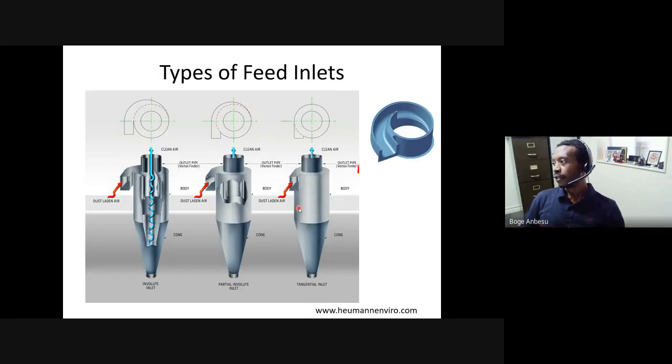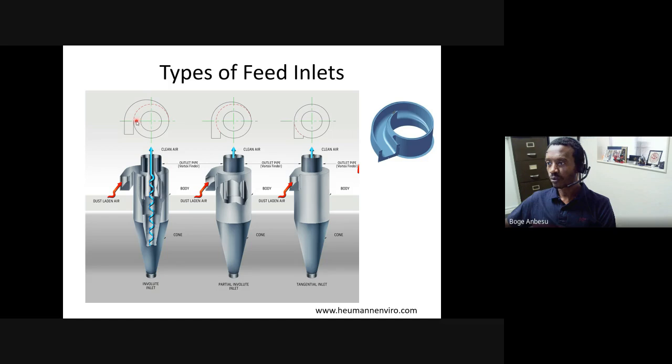I mentioned to you that when we introduce the feed into a cyclone, it's usually in a tangential motion, so we give it a swirly or spiral motion as it goes into the cyclone, and there can be slightly different designs. For example, in the involute design, the open area is a little bit wide.